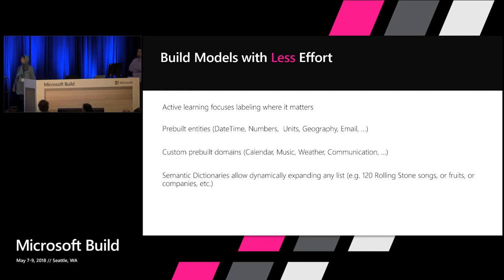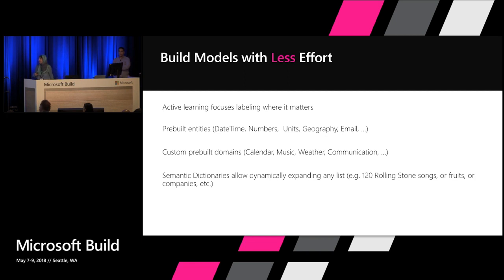Those are some of the features that we offer to build models with less effort. Active learning is key to improving your application based on real traffic, and with few examples. Even if you have a million examples, don't upload them here. You might need only a few hundred to build a well-behaving bunch of intents and entities.